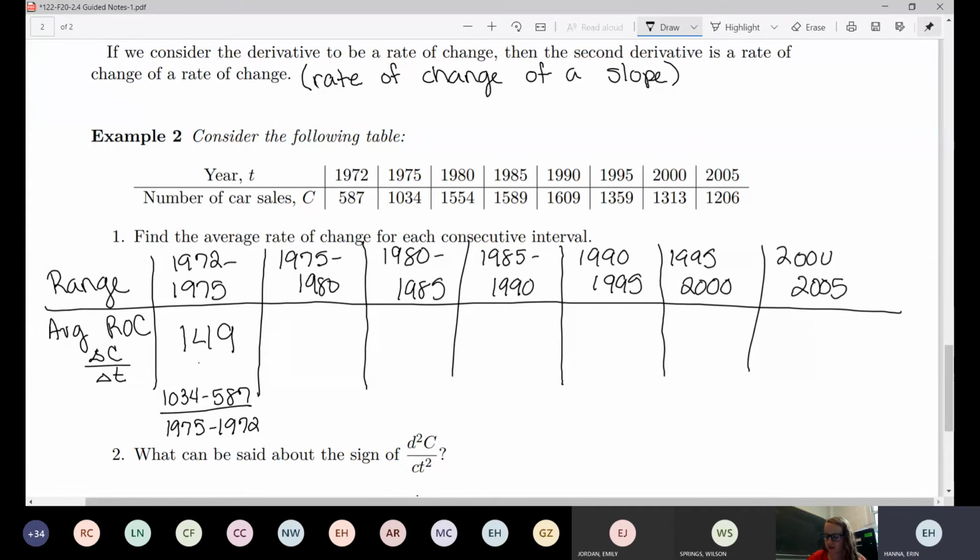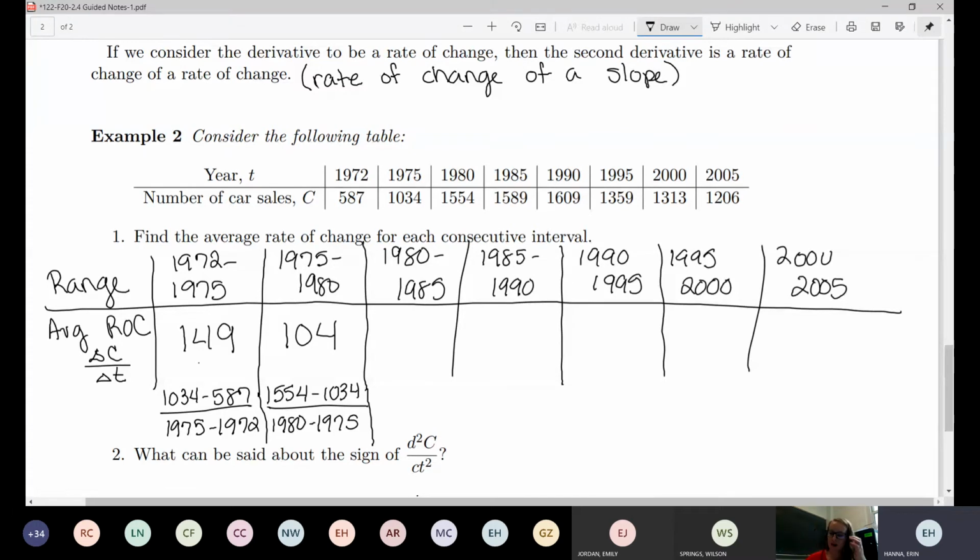And then I'm only going to write out the full thing for the next one, and then I'm just going to tell you what they are. So for the next one, we would have our 1554 minus 1034 over 1980 minus 1975, which would give you 104.